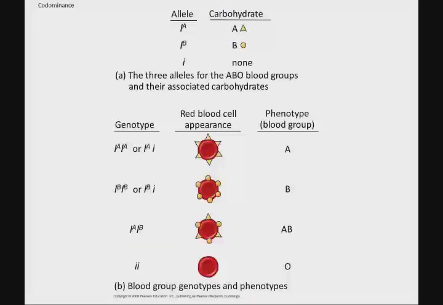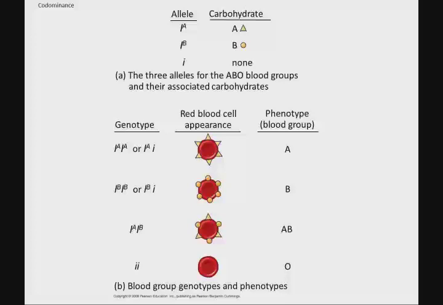Now, the other thing to think about is codominance. So codominance is when you have both alleles expressed on a phenotypic level. So the best example here is blood type. The main blood type A, B, or O is dictated by a protein on the surface of the red blood cells. So in the case of a phenotype A blood type, it means that you have the A protein.